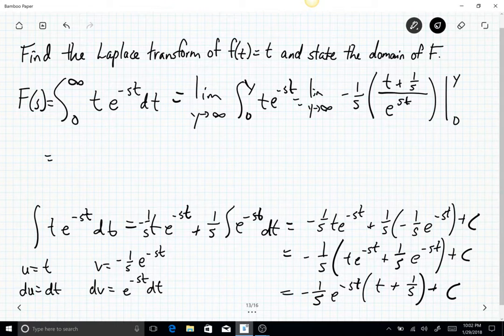And why would we do that? Well, in this case, we can simplify things and make things look a little bit nicer for us. So, let's see here. We have negative 1 over s, and then we'll have the limit as y approaches infinity of y plus 1 over s over e to the sy, right?